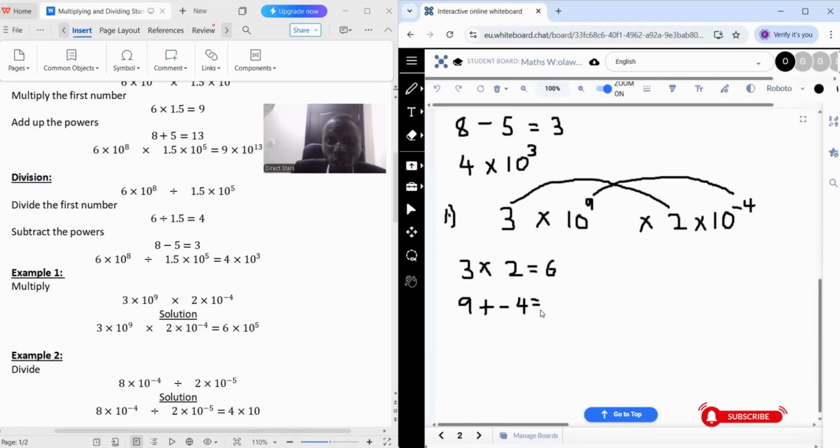Plus times minus gives us minus. So we can have this to be 9 minus 4, which gives us 5. Then we can have our answer now to be 6 multiplied by 10 raised to the power of 5. So this is the first example.